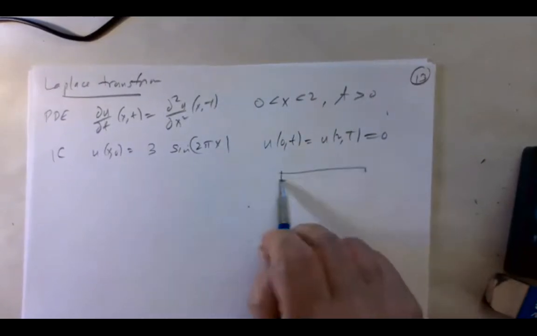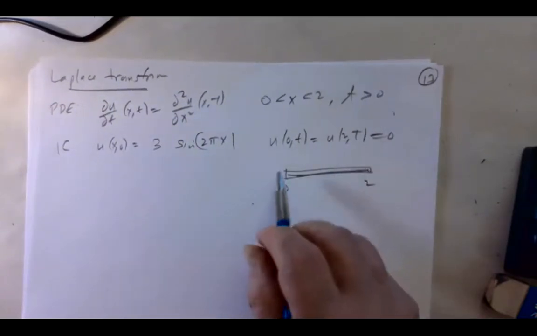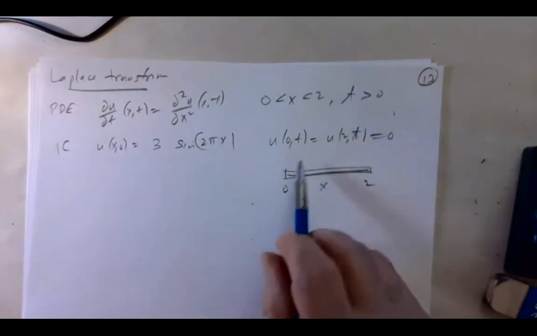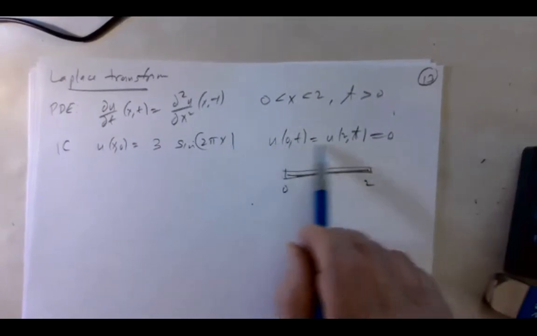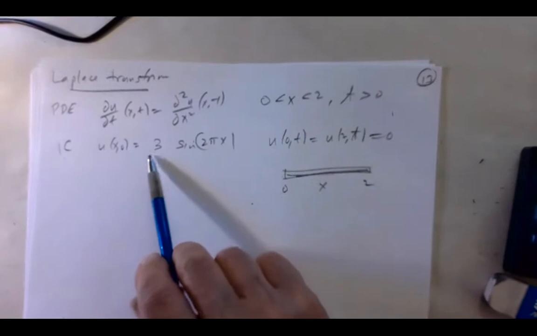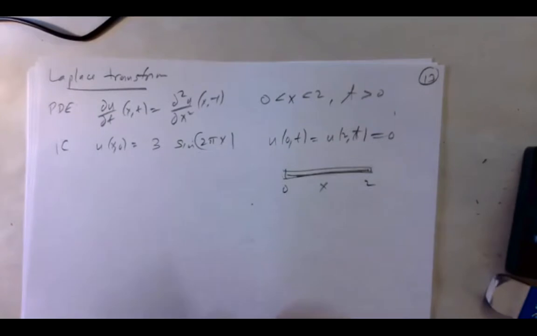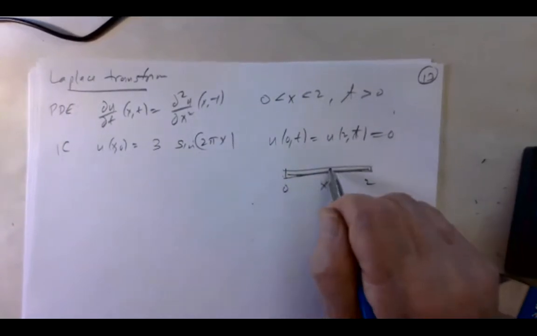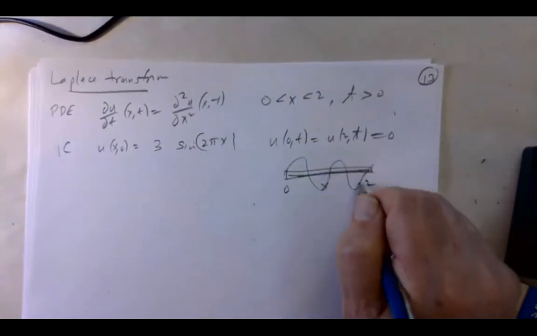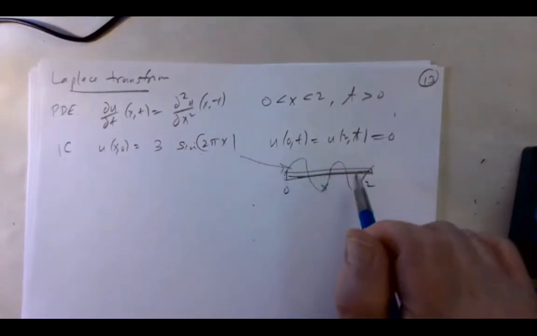So we have something from 0 to 2, and at the ends, x equals 0 and x equals 2, let's say this is temperature. Temperature is fixed and constantly equal to 0, and when we start, the temperature at x is given by this function. So it kind of looks like this. So this sine wave is the initial condition.